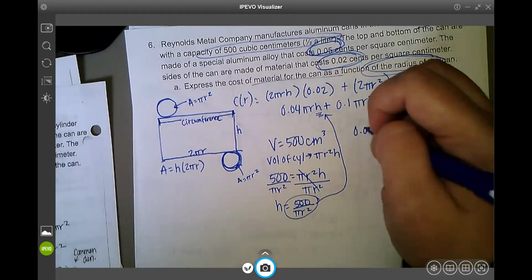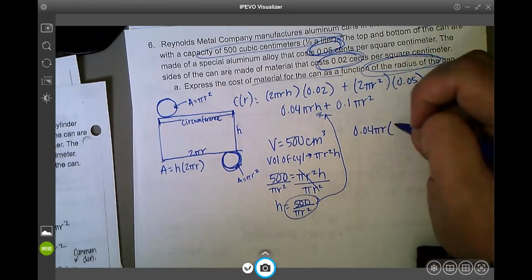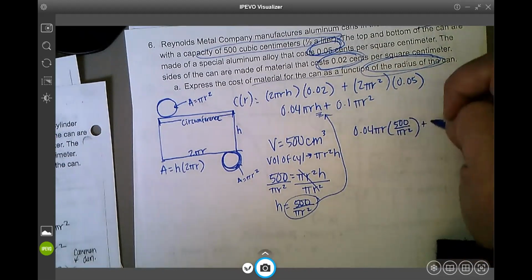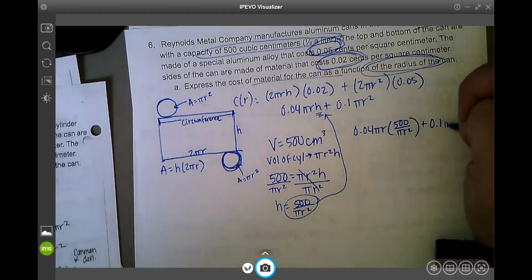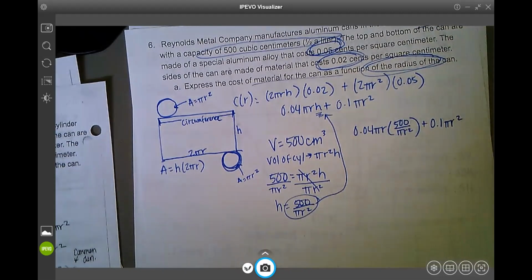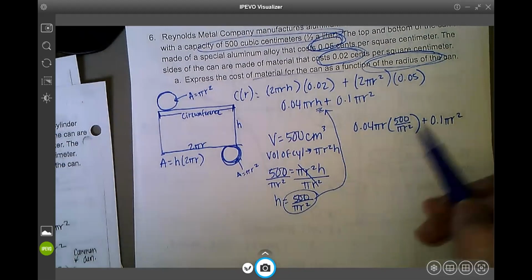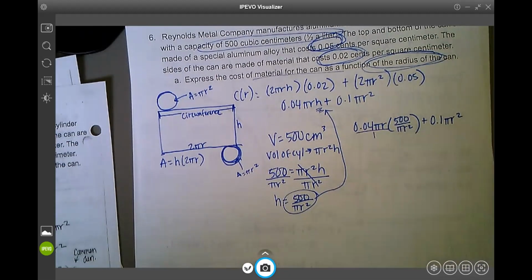So I have 0.04 pi r times 500 over pi r squared plus 0.1 pi r squared. And I'm just simplifying this. When you multiply fractions, you multiply straight across.